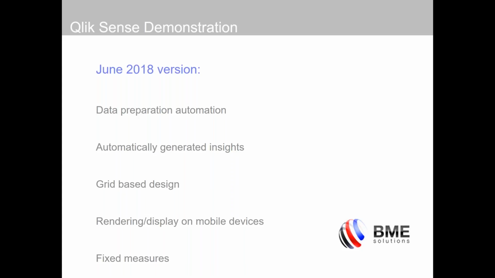We'll cover the grid-based design of Qlik Sense. In Qlik Sense, you need to actually follow the rules of the grid. You can't, like I said earlier in QlikView, move things millimeter by millimeter. You are locked into a grid design. I'll show you the example of rendering and displaying on mobile devices, and then finally also some fixed measures.